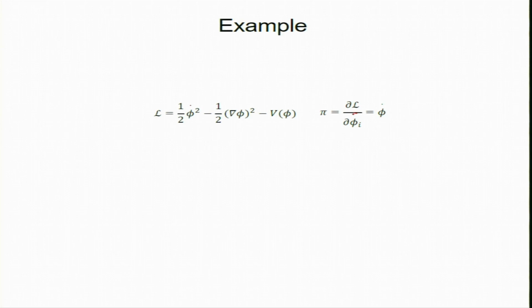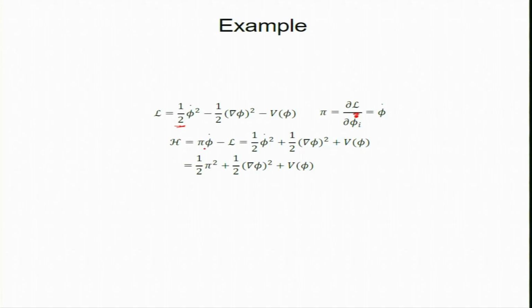So delta L delta phi I dot acts on the derivative term, phi I dot squared. If I take the derivative I will get phi dot. So pi is nothing but phi dot, just like momentum is x dot. The formalism is in fact motivated from particles.